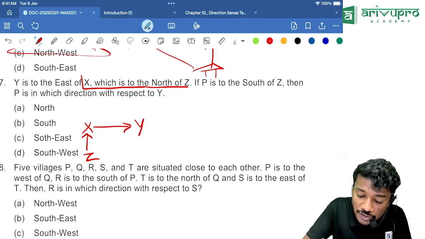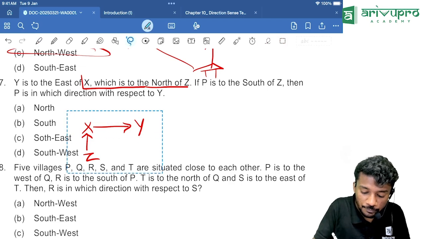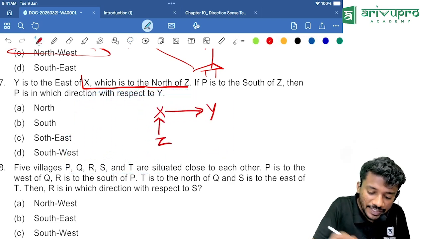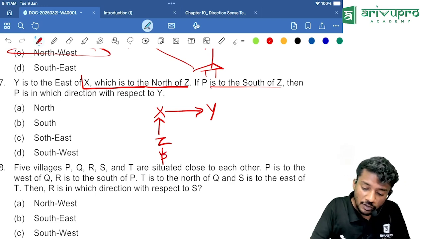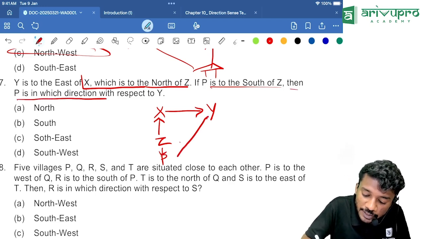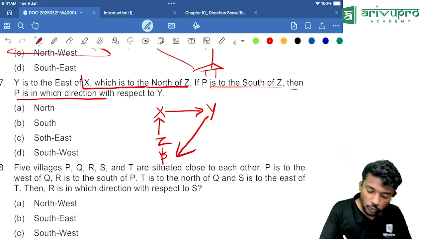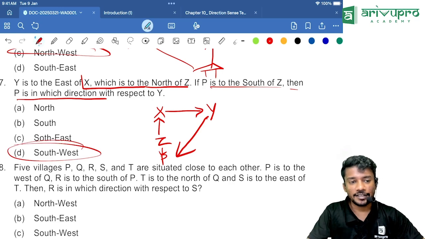Now, P is to the south of Z. P is to the south of Z means up or down? P is down. Then, P is in which direction with respect to Y? Southwest direction. Did you get the point? Verma, are you listening? Yes.